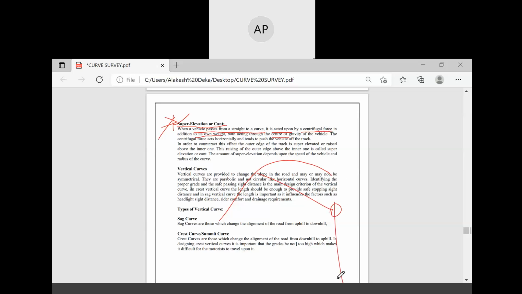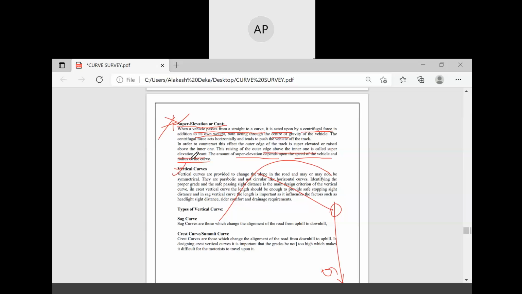The raising of the outer edge above the inner one is called super elevation or cant. The amount of super elevation depends upon the speed of the vehicle and the radius of the curve.